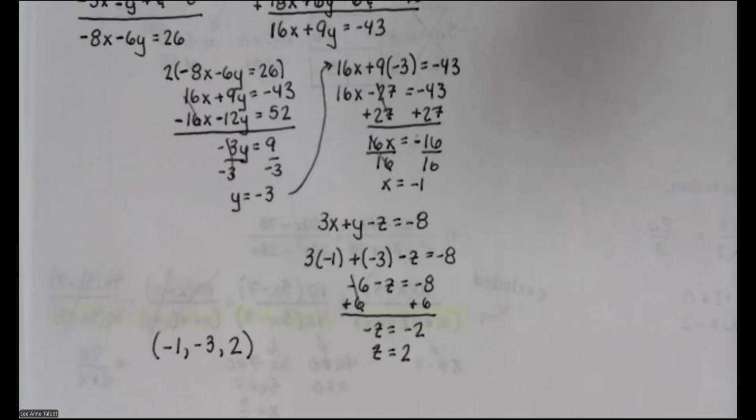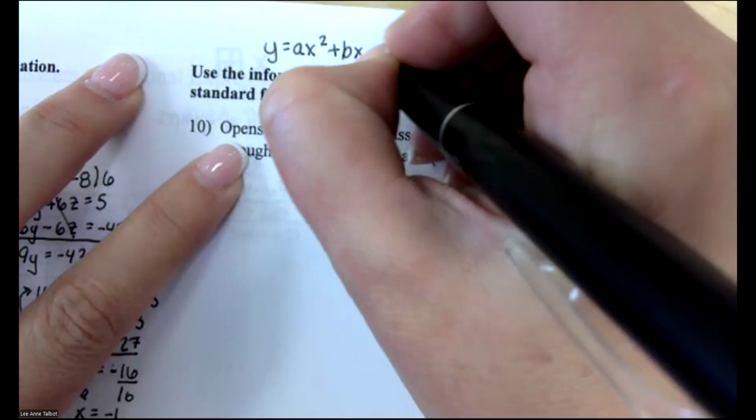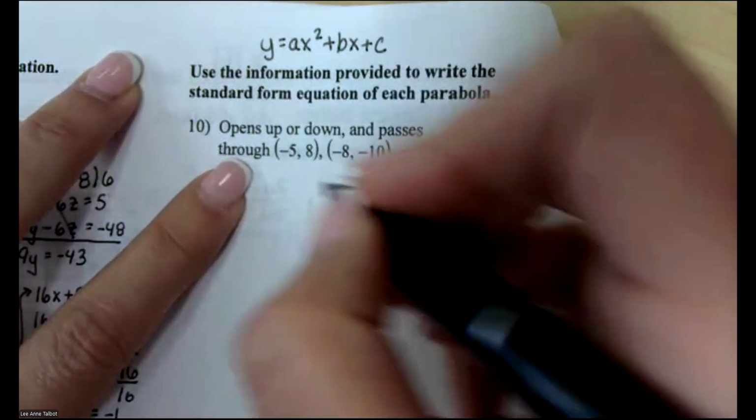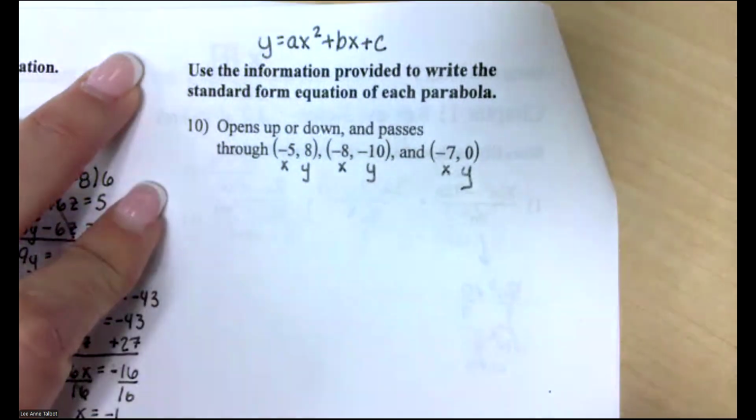All right. You guys ready for the last one? Need a second? Okay, no worries. Good. Okay. All right. Here we go again. Standard form: y equals ax squared plus bx plus c. x, y, x, y, x, y.